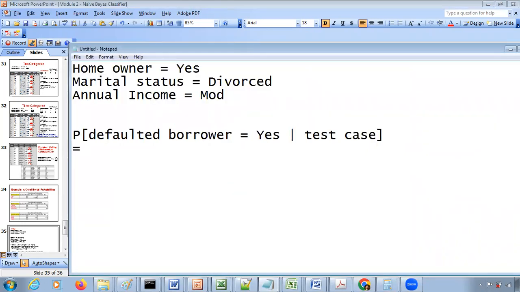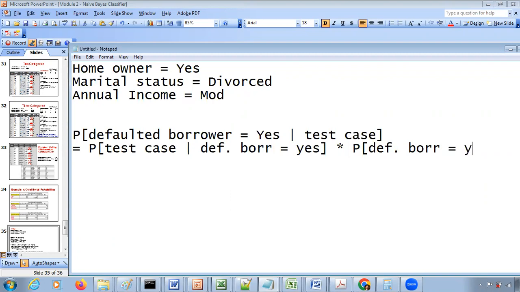This is going to be the probability of the test case given defaulted borrower equal to yes, times the probability for defaulted borrower to be yes without any condition, divided by the probability of the test case.